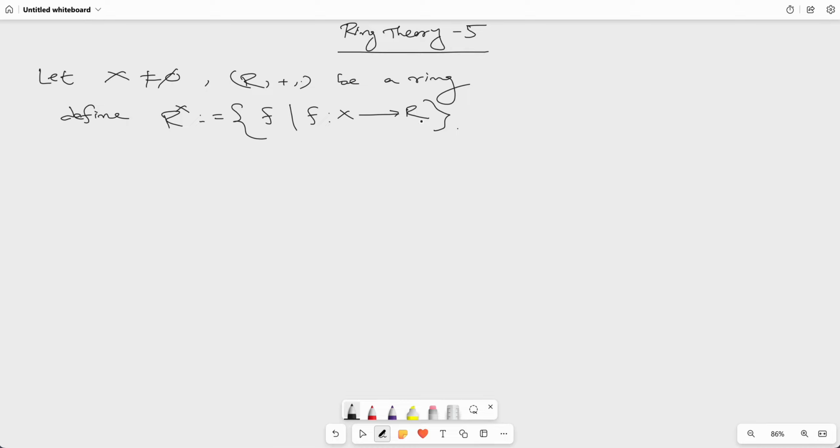So this is a structure, this is going to be a set, and I'm going to define the algebraic structure as a ring structure, so I have to define two operations.